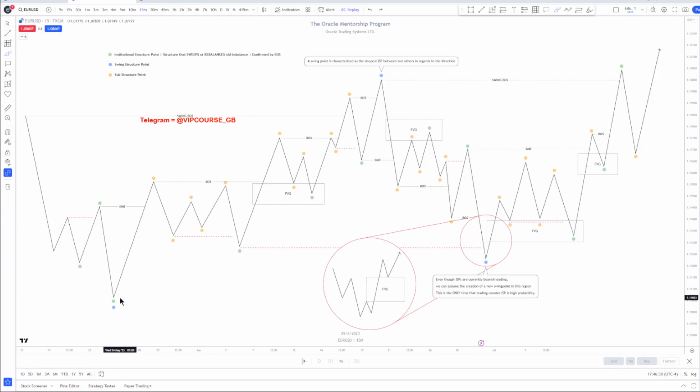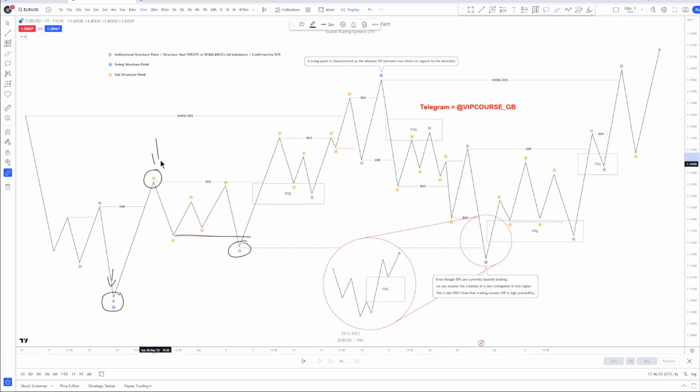So for example, here we have an institutional structure point, which we will now refer to as ISPs. We have an ISP here, and this pushed price up and created a high here. Okay? Now, what is a break of structure? A break of structure is when a newly formed ISP breaks the high that was produced by the previous ISP.